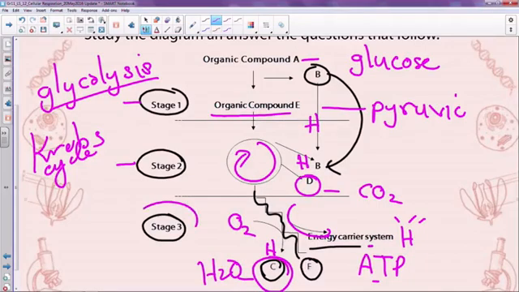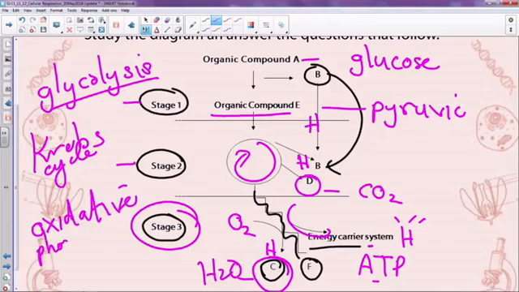So essentially stage 3 will be the last stage where the phosphate is added, and that stage is known as oxidative phosphorylation, the addition of the phosphate to ADP to give you ATP, with the help from the energy in the hydrogen atoms.